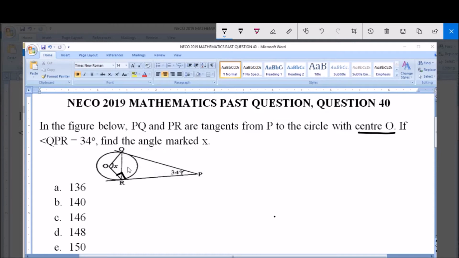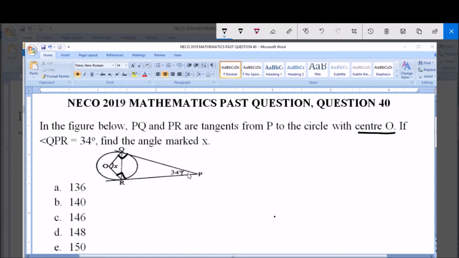Likewise OQ, which is also a radius of the circle, forms a right angle with this tangent, because the tangents meet the circle at opposite points.